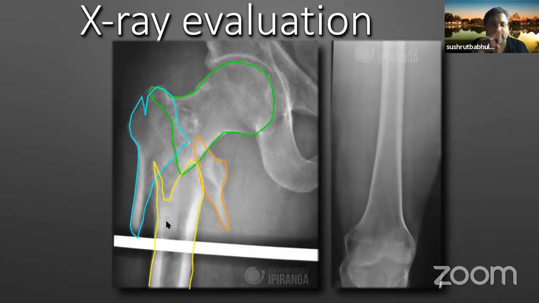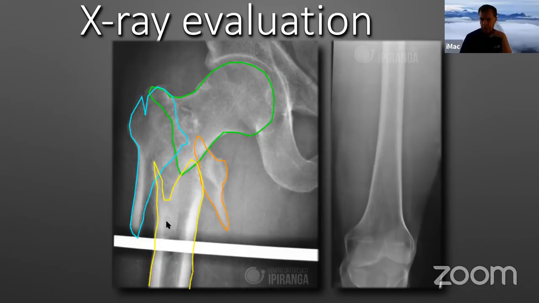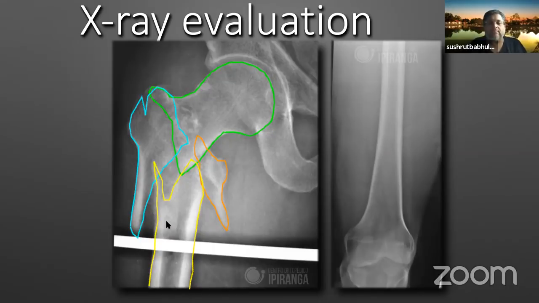One figure of 8 holds the greater trochanter up there, and one more circular loop goes at the bottom to close it. A short nail or a long nail? Long nail, of course.